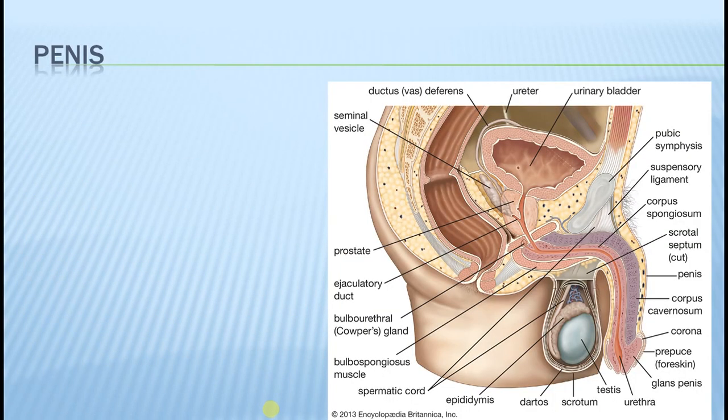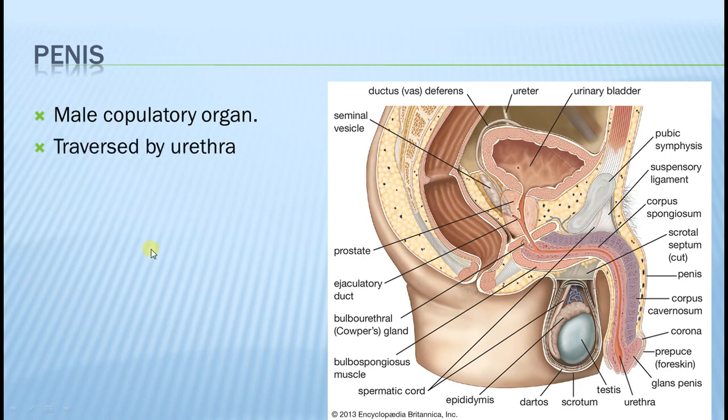Coming to the next external genitalia, which is the penis, the male copulatory organ. It is traversed throughout its length by the urethra, the spongy part of the urethra, and the urethra shows a dilatation prior to its termination, which is called the intrabulbar fossa, and then opens into the external urethral meatus as an anteroposterior slit.